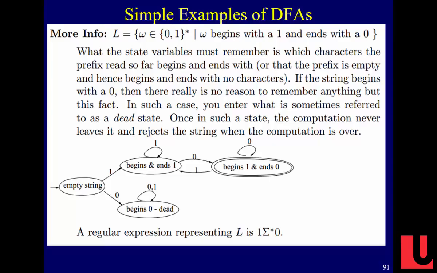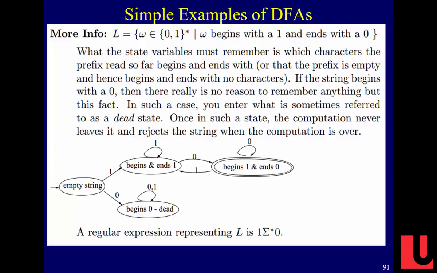Like, for example, in this case, if it accepts, then there's got to be a path from here to here. And I'll tell you, any path that goes from 0 to 0 has to begin with a 1, and it has to end with a 0. So this kind of proof, it's easy to prove this one.